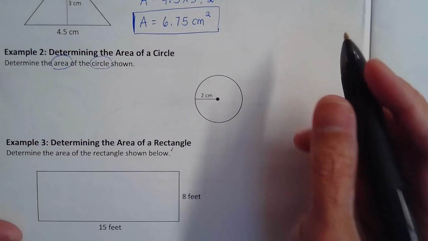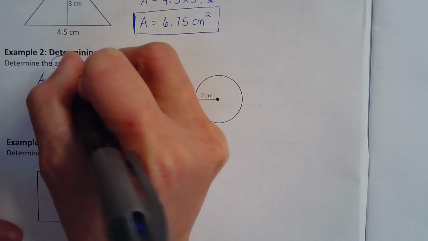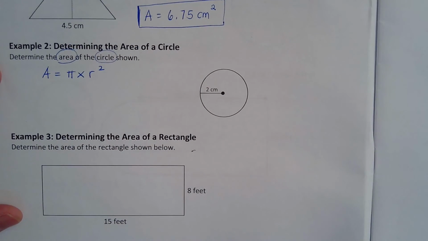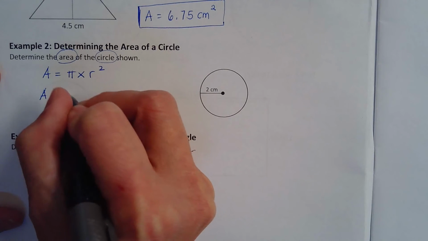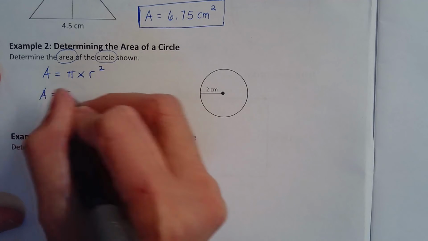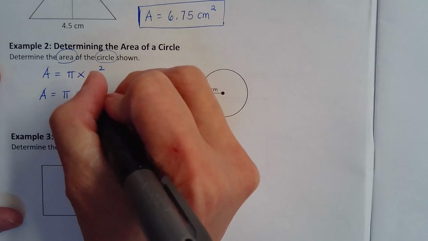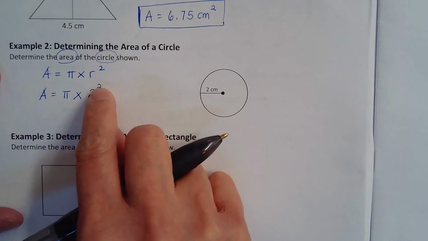So let's write that down: A equals pi times r squared. So what are we going to do? We're going to replace the r by 2, and then square that.